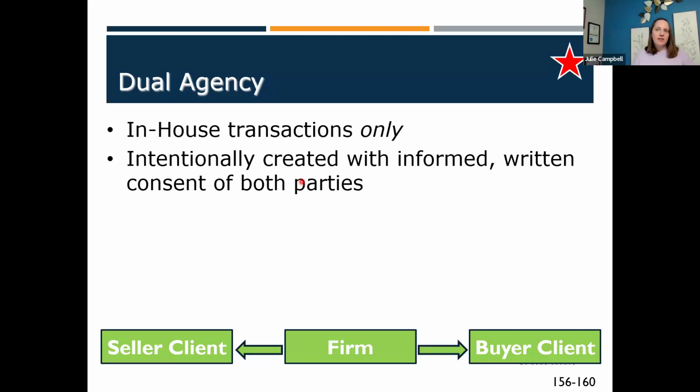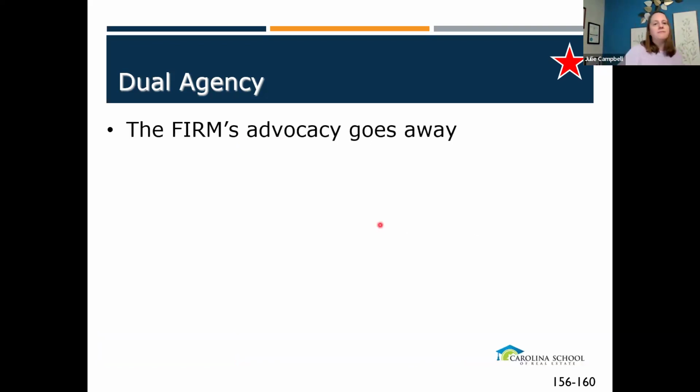If the firm is in dual agency, the firm and all the brokers in the firm need to take a few steps back. They need to give up a few things. And the biggest thing that goes away in dual agency is advocacy. I cannot fully advocate for one and not the other.